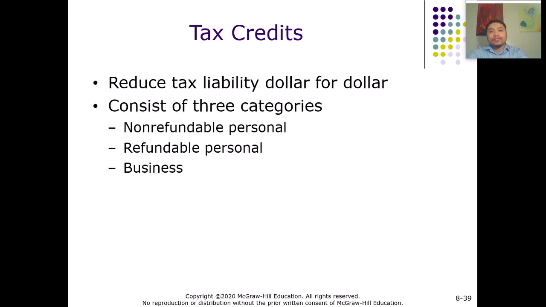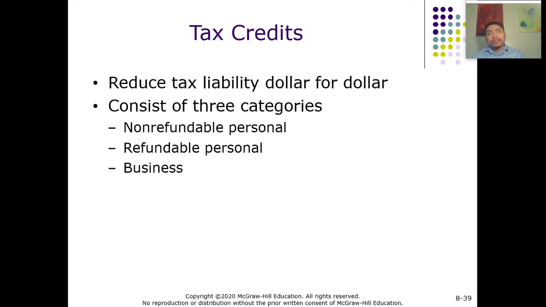So for tax credits, usually we can classify them into three major categories: non-refundable personal, refundable personal, and business. As the name suggests, for non-refundable personal credits, basically if the taxpayers have the credit, they use it to bring down their tax due or tax liabilities, right?